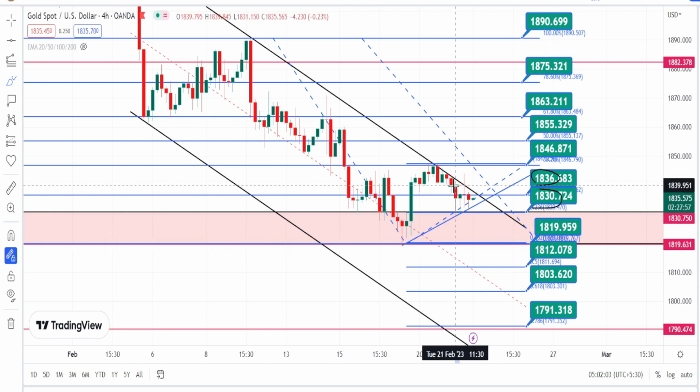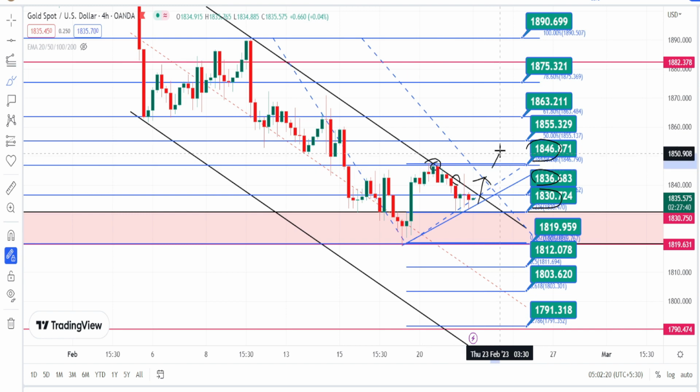And if the price action breaks this bearish channel pattern resistance line and trends on the bullish side retracement, the next level of resistance is going to be around 1846, which was also the previous high. And once the price action breaks this resistance level, next level of resistance is going to be around 1855, 1863, 1875 and 1890.